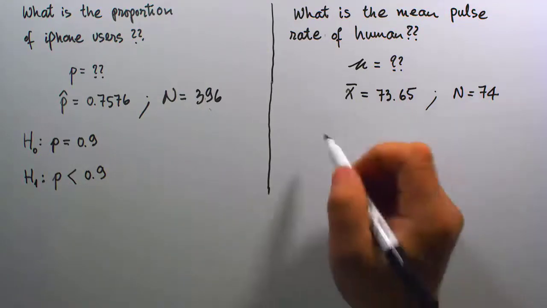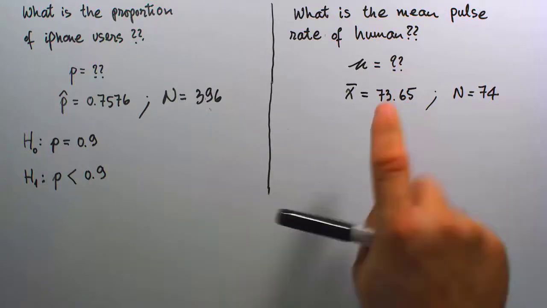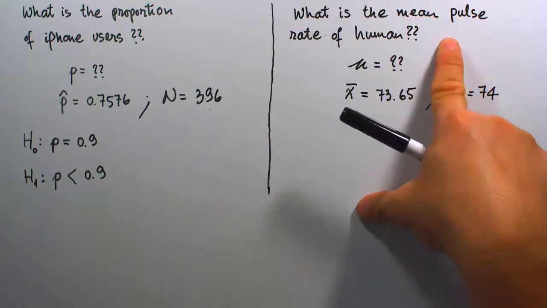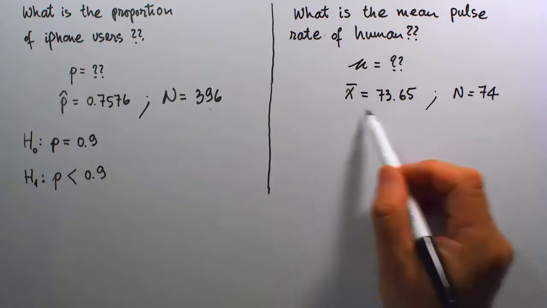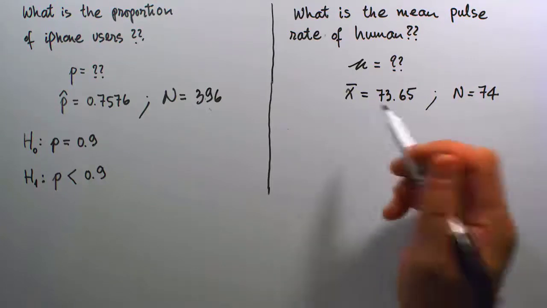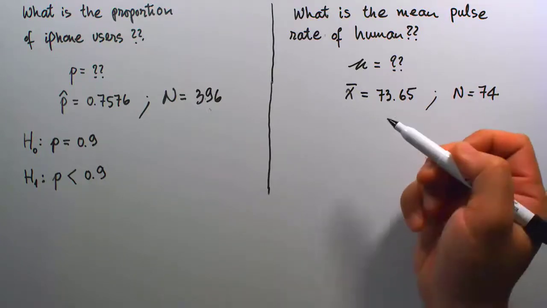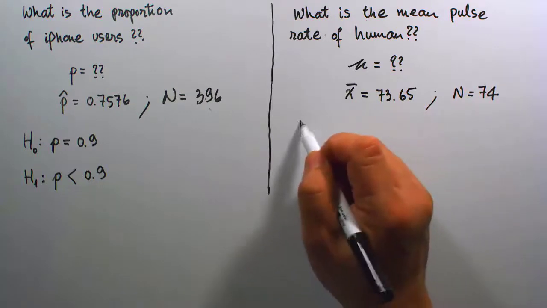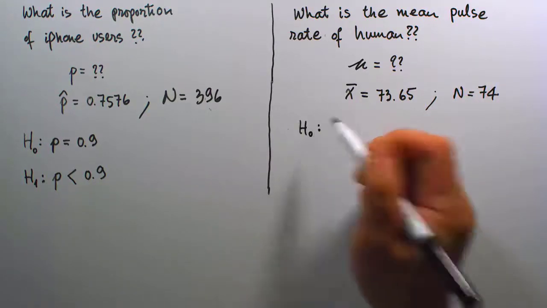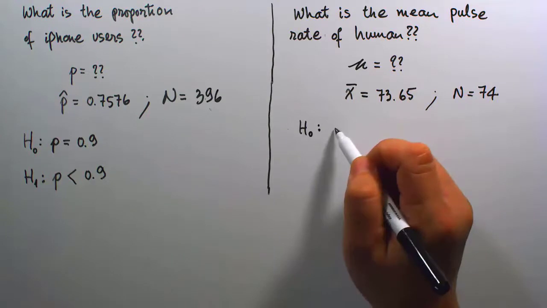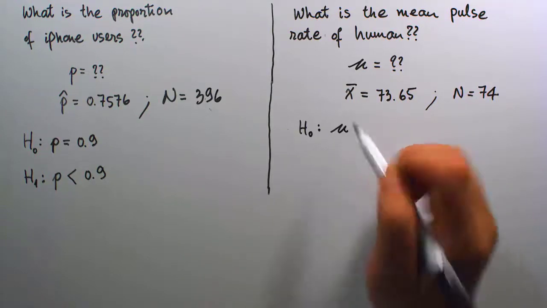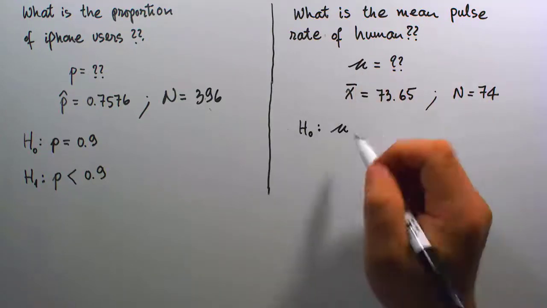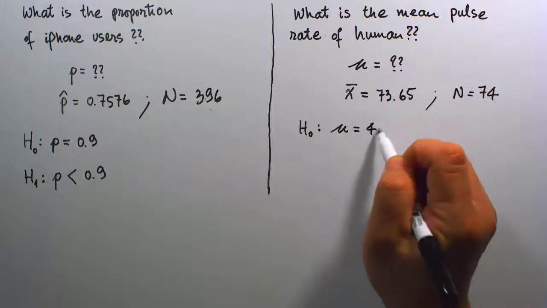And same way for the mean value, we can still rely on our current sample as our reality, as our evidence, and compare that with another null hypothesis. Let's say we had a hypothesis saying mu, the mean pulse rate of humans, equals 40.